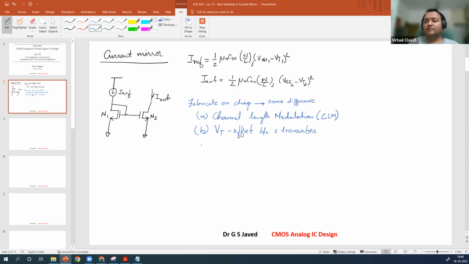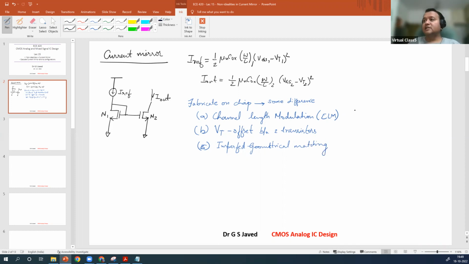And the third would be the expected matching that you want to have between devices. You will have an imperfect geometrical matching. Okay, so these three are the differences between devices. Now you see what could be the challenge.